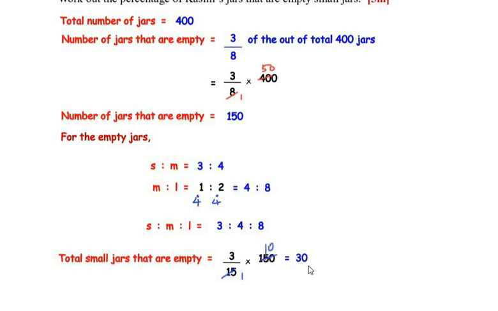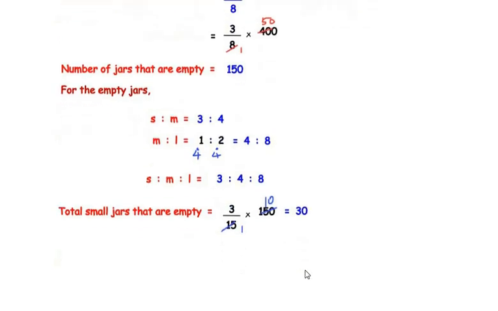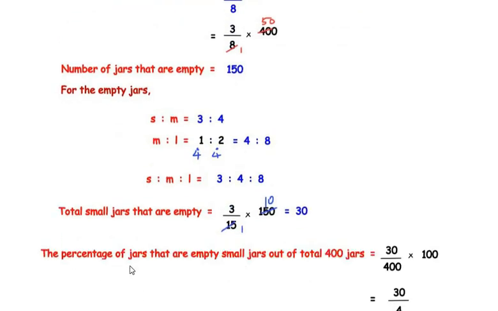Now let us find, out of the total 400 jars given, what is the percentage of these small empty jars. So the percentage of jars that are empty small jars out of the total 400 jars is 30 out of 400, and since we are going to find the percentage, we multiply this fraction with 100. Now 100 1 times is 100 and 100 4 times is 400.